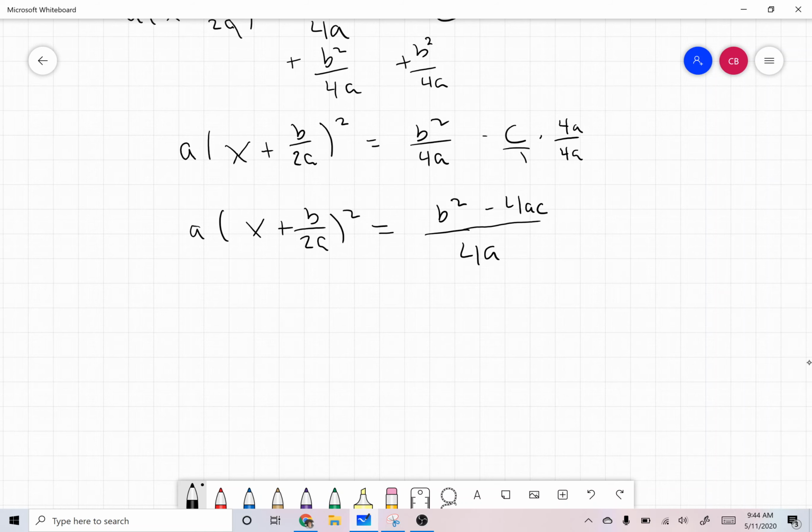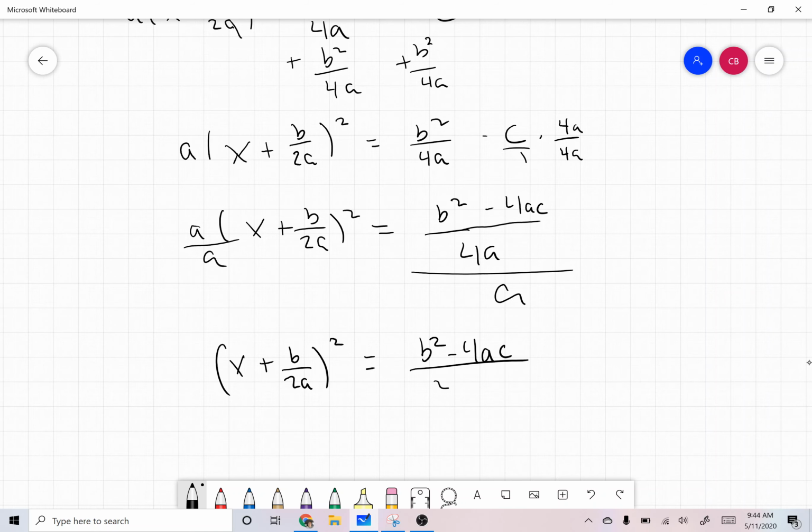Now let's divide by a. So now we have x plus b over 2a squared is equal to b squared minus 4ac all over 4a squared, because all you do is drop this down and multiply those together. Keep change flip. If you don't see it, it's b squared minus 4ac over 4a divided by a over 1, and then you end up flipping this over.